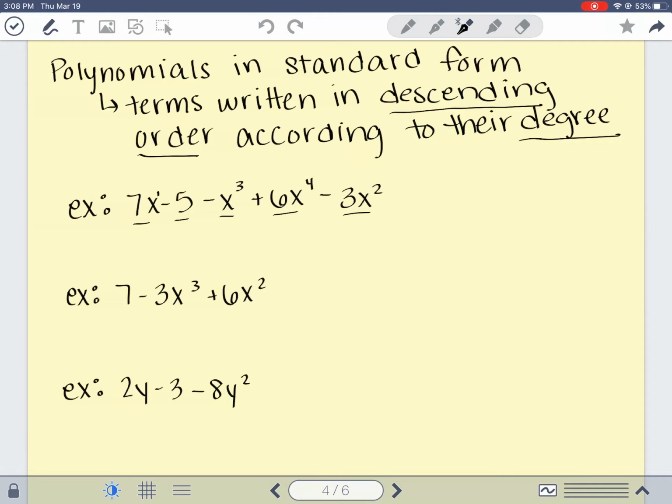So we can look at these degrees here and see that our biggest one, remember descending means going from largest to smallest, our biggest one is 6x to the 4th power, and it was positive. Okay, from there, we have negative x cubed, so minus x cubed, and then minus 3x squared, plus 7x, and then minus 5. It is written in descending order based on its degree.